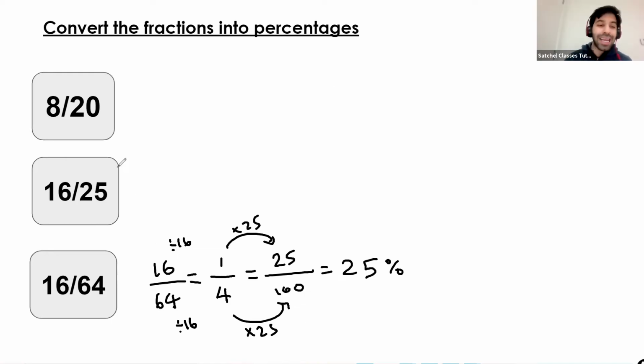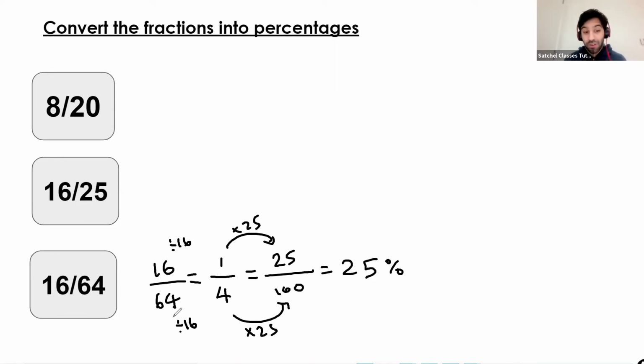So often when they give you a fraction and they tell you to write it as a percentage, especially in non-calculator questions, you will be able to simplify the fraction into a fraction which has a denominator that is a factor of 100. So again, 16 over 64.